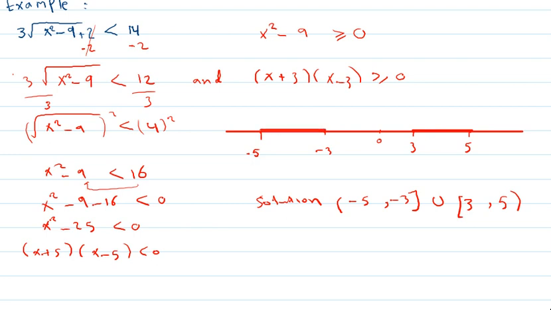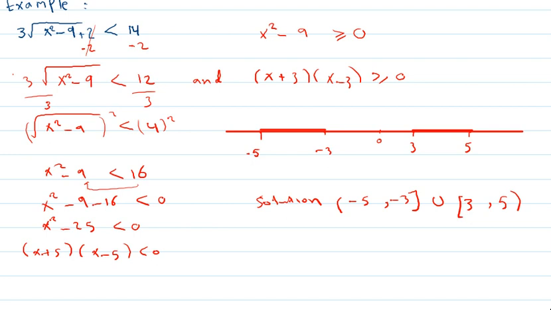If we take any number between these intervals, for example 1, 1 minus 9 gives us a negative number under the square root. It doesn't exist, so we can't take any number between minus 3 and 3.